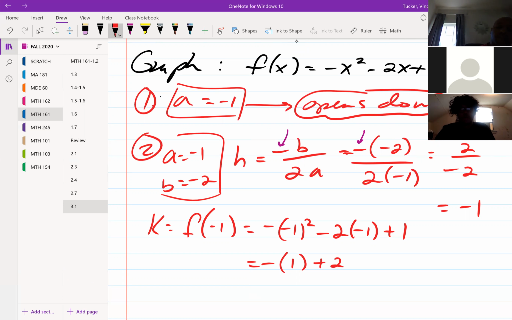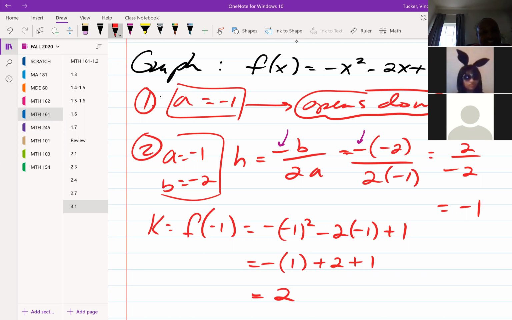And that's -2 times -1, which is +2. So -1 plus 2 plus 1 will just be 2.